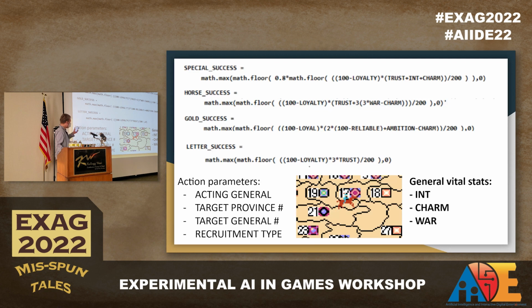So these are the 4 formulas for each of the recruitment types that I worked out. When we're populating the list of possible actions the player might take in a certain node, we can use these formulas to automatically reject any actions that we know have a 0% chance of succeeding. Sometimes we end up in a situation where the RNG value is very low and it's basically a 0% chance of anything happening.